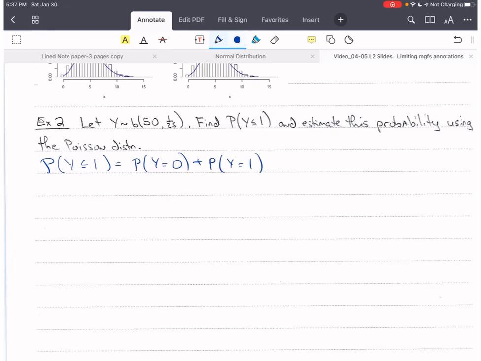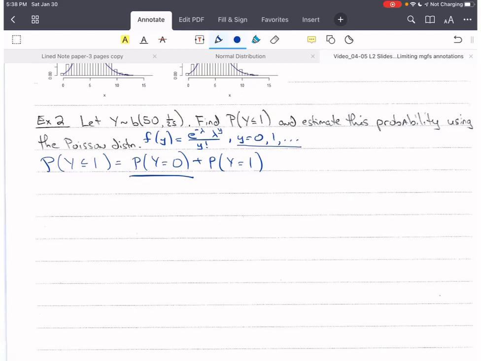So this is where your Poisson distribution, f of y equals e to the negative lambda, lambda to the y over y factorial, y equals 0, 1, etc. This is where your knowledge of the support is extremely important, or else you might forget this one, right? So you might wonder why I'm emphasizing the support of these functions or distributions, and that is the reason.